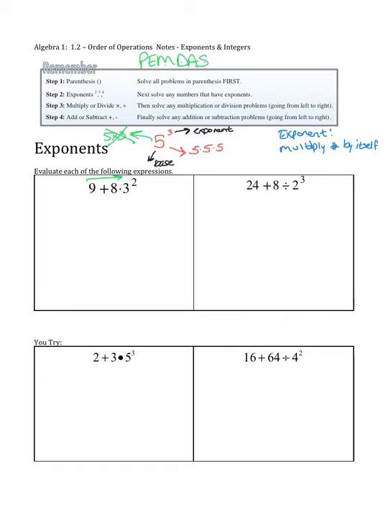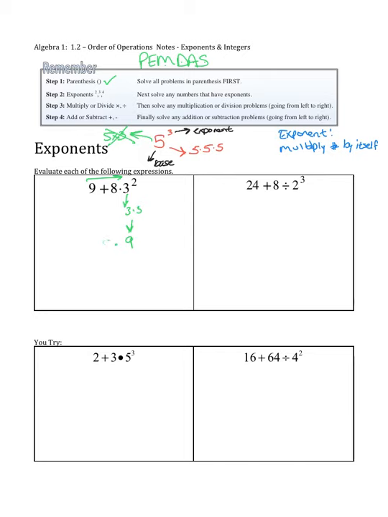Let's go into the math. So order of operations. There are no parentheses here, so we can check that one off. But there is an exponent. You do it first. 3 squared is 3 times 3, which is 9. That's step 1. Then bring down the rest.